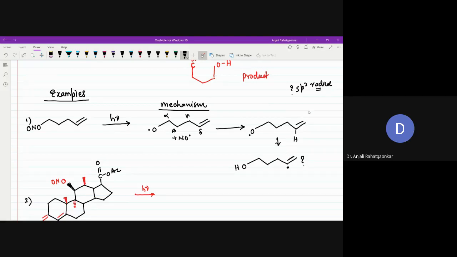Because sp2 radicals are highly unstable, so इस प्रकार का कुछ मैकेनिज्म हमें कभी भी नहीं मिलेगा. So please remember, in such cases what is the criteria and what knowledge we have to apply, that we have to go with.